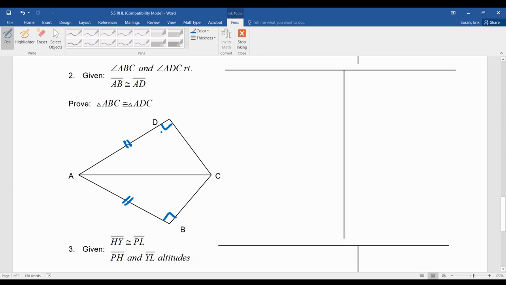Because we're already told right angles, we say this reflexive step, and then we're done. That would be too boring. You guys are too good for that. So I want you to try to do this proof without using HL, without using RHL. It can be done. You should pause this and give it a try yourself.